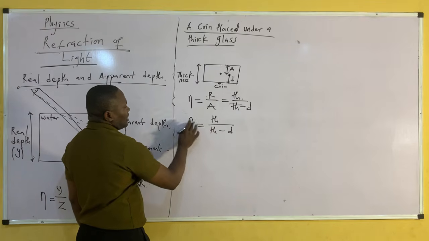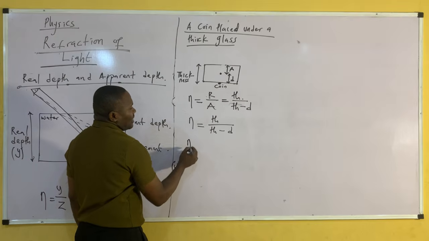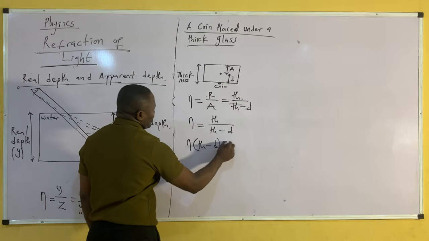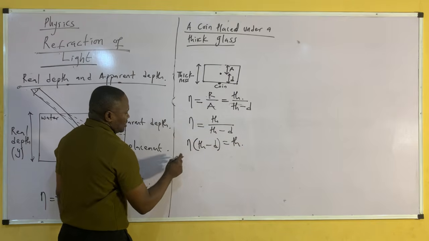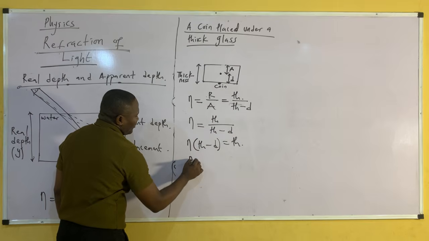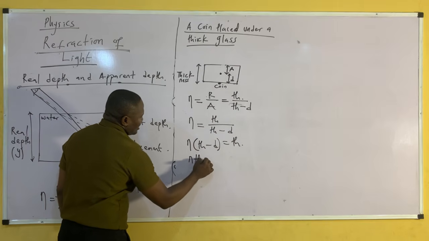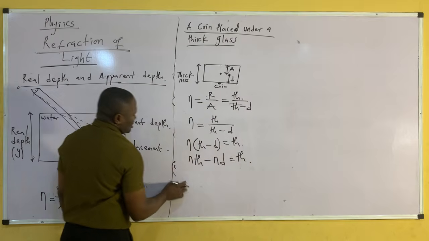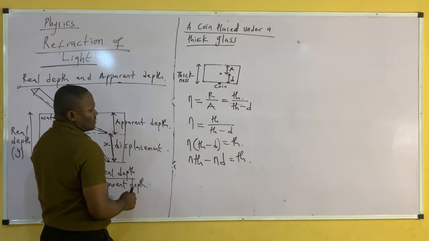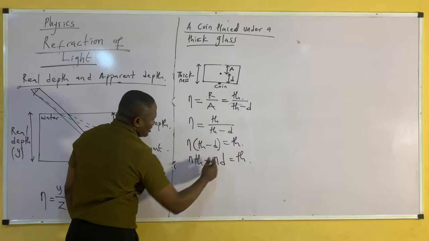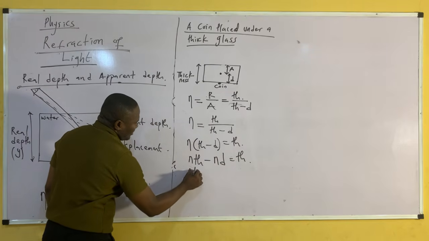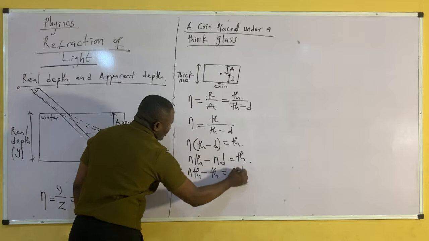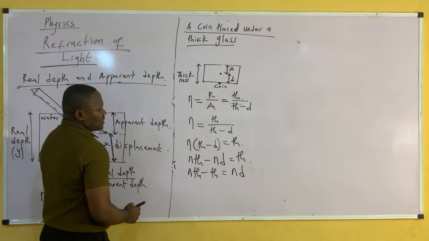If you cross multiply, you'll have refractive index times thickness minus displacement equals thickness. So this gives refractive index times thickness minus refractive index times displacement equals thickness. Take like terms: refractive index times thickness minus thickness is equal to refractive index times displacement.